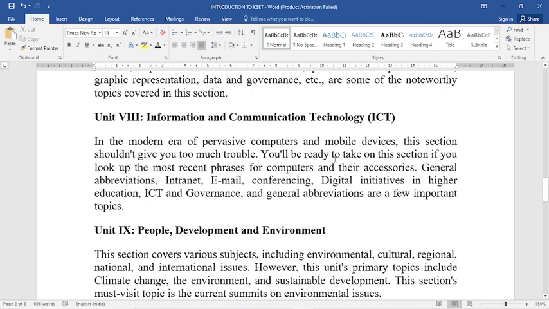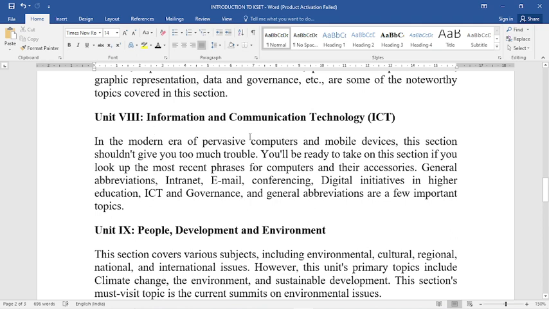You will be ready to take on this section if you look up the most recent phrases of our computers and their accessories. General abbreviations, intranet, email, conferencing, digital initiatives in higher education, ICT, that is information and communication technology, and governance, and general abbreviations are a few important topics that are going to be covered in ICT.